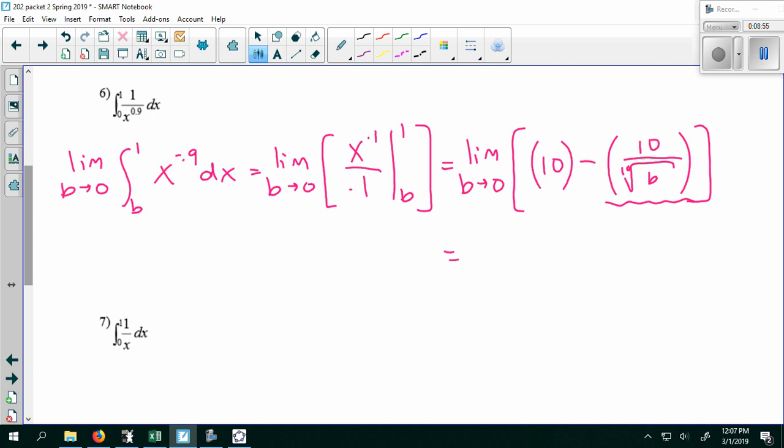So my denominator is going to 0, which means this entire fraction is going to infinity, which means this is 10 minus infinity, which is negative infinity. This diverges. I think that's wrong.